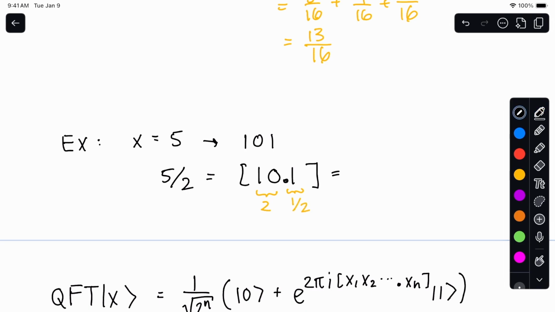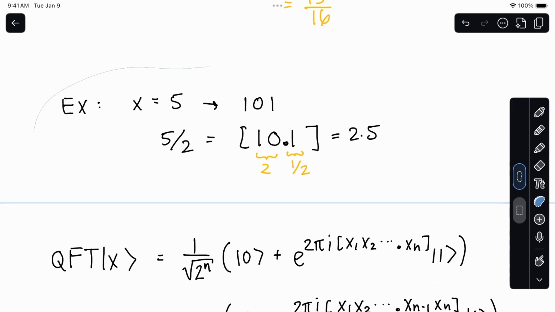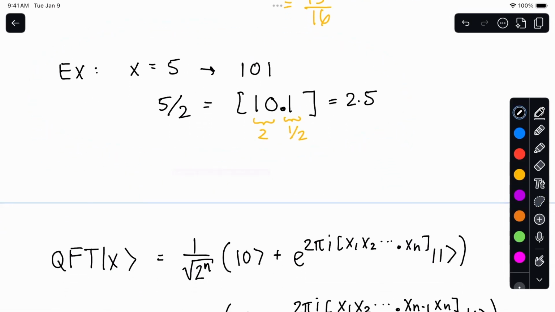So this is 2.5, as we'd expect. Just to emphasize, for instance, if we had 5/4, then this would be 1.01, and this is 1. And this is going to be 0 over 2 plus 1 over 4, and this would give us 5/4, just like we expect.